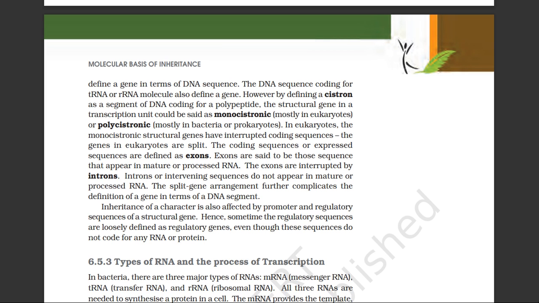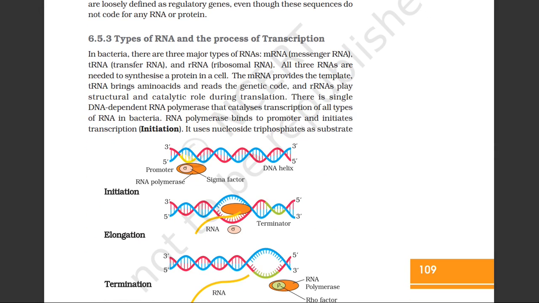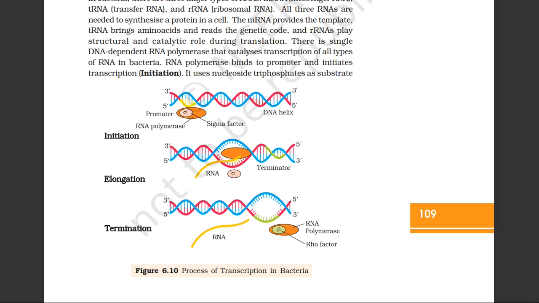6.5.3 Types of RNA and the process of transcription in bacteria. There are three major types of RNAs: mRNA, messenger RNA; tRNA, transfer RNA; and rRNA, ribosomal RNA. All three RNAs are needed to synthesize a protein in a cell.